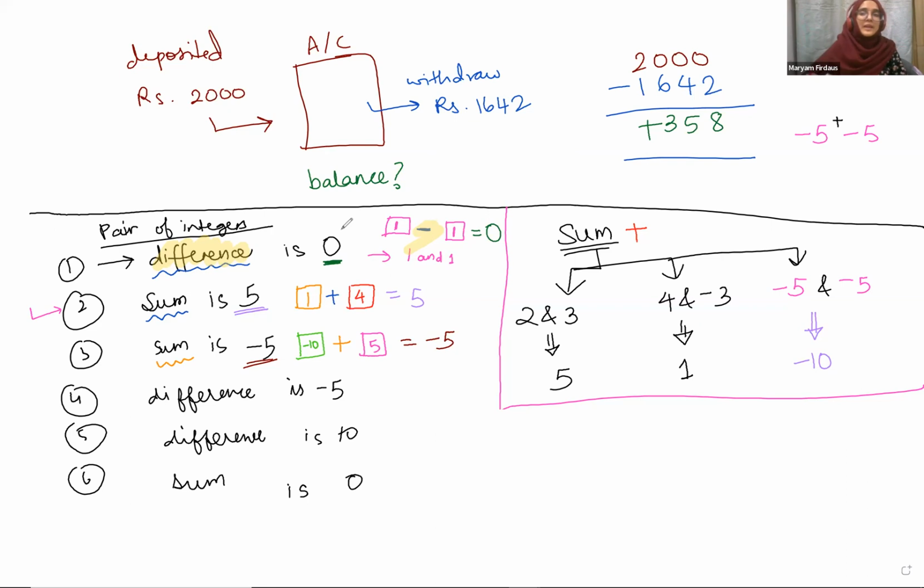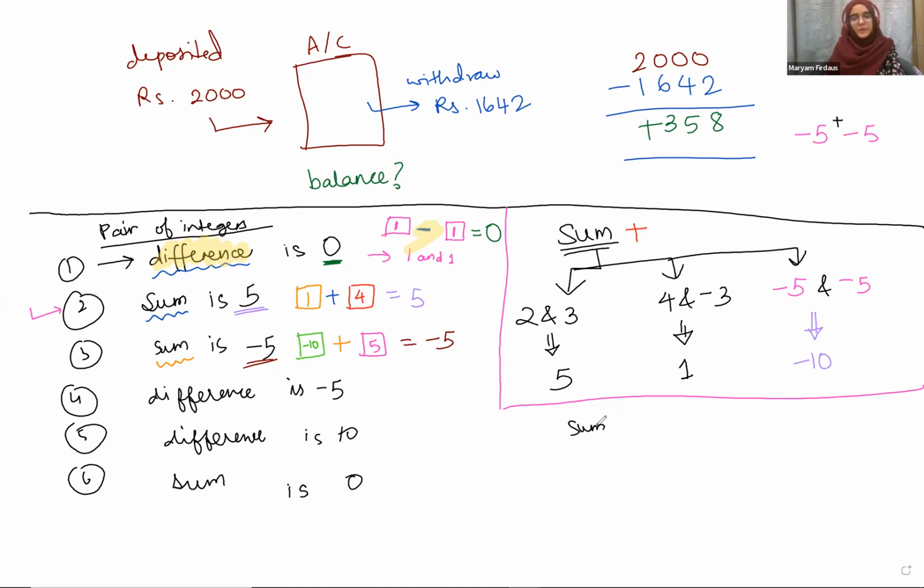So I was saying, what if over here you have the sum of two negative integers is minus 5? In that case, what will you do? No, you have to see two things.